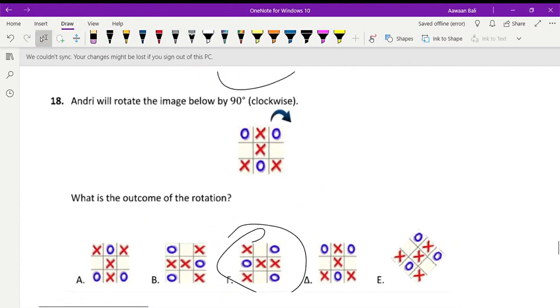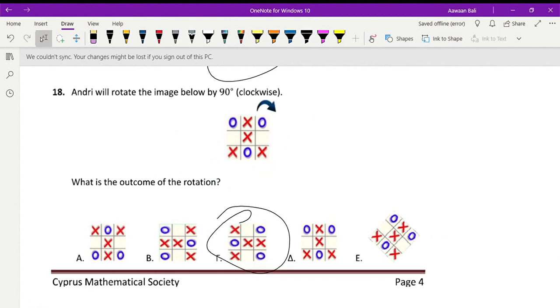Now, Andrew will rotate the image below by 90 degrees clockwise. What is the outcome of the rotation? Well, eta is definitely wrong, because when you rotate a square by 90 degrees, it will still look the same, just the pattern inside will be different. This is 45 degrees basically, so that's wrong.